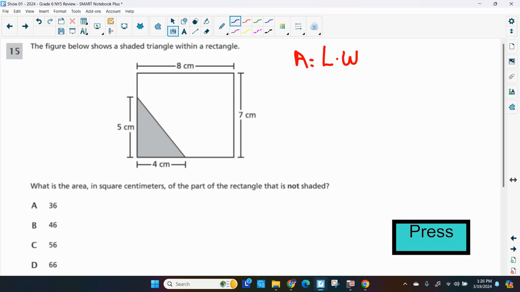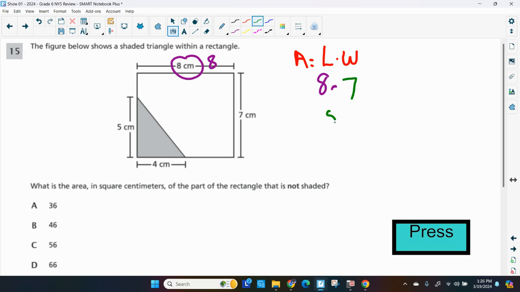That's no problem, but the length of the big rectangle and the width of the right side of the rectangle would be 7.